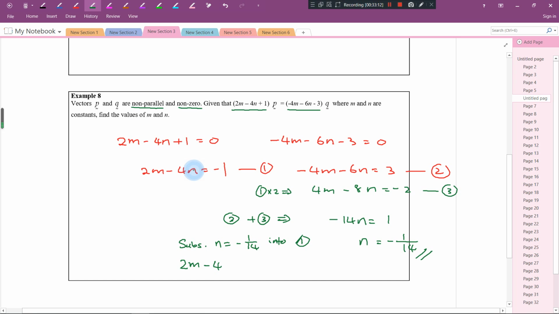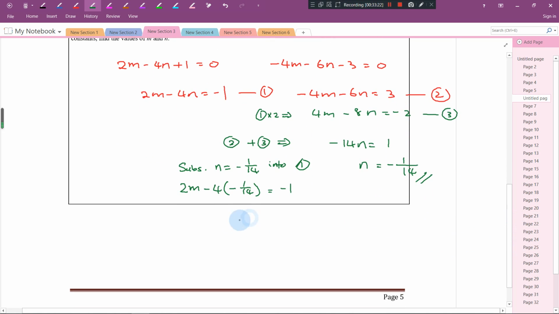Now I don't want to write the n anymore because I know that n is equal to negative 1 over 14, equal to negative 1. Okay, so this is a simple linear equation. I think it should be no problem. Negative, negative, it becomes positive, 4 times 1 over 14, it will become 2 over 7. Okay. Correct or not? Should be correct. Let me continue. Negative 1 minus 2 over 7.